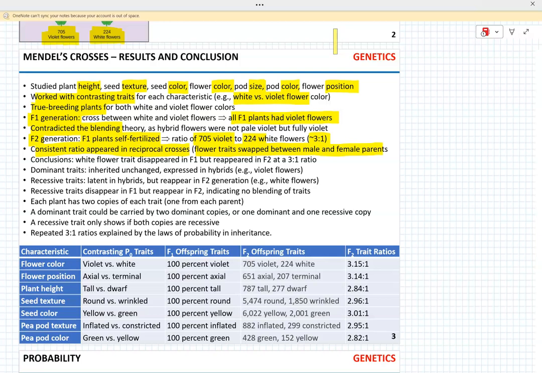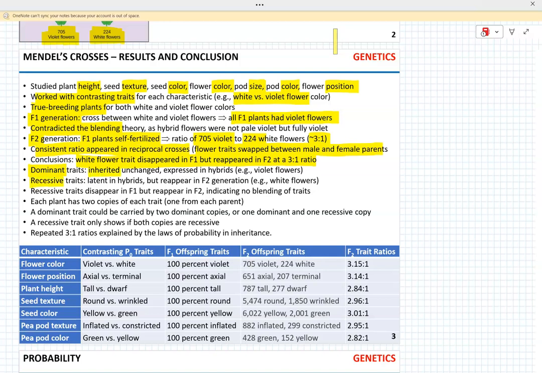So, overall conclusion that Mendel came to is that one of the traits, in this case white flower trait, disappeared in first filial generation, but reappeared in the second filial generation in a ratio 3-to-1. So he postulated that there are dominant and recessive traits.